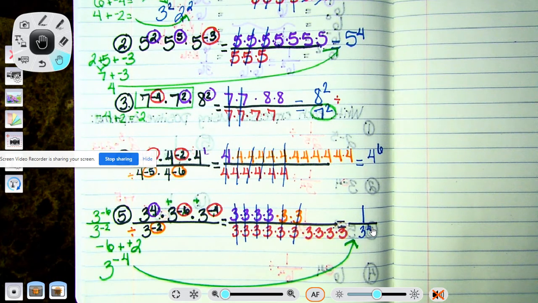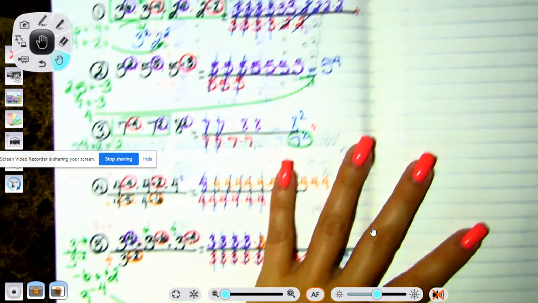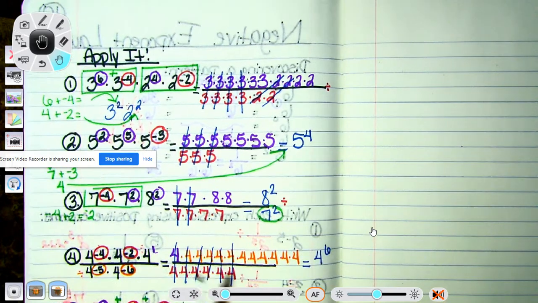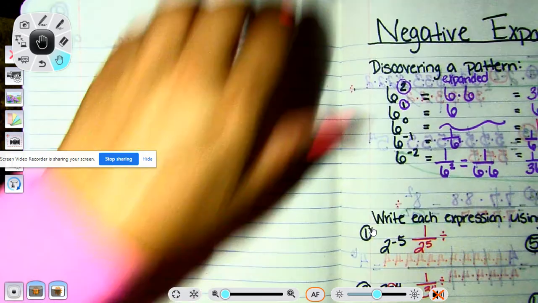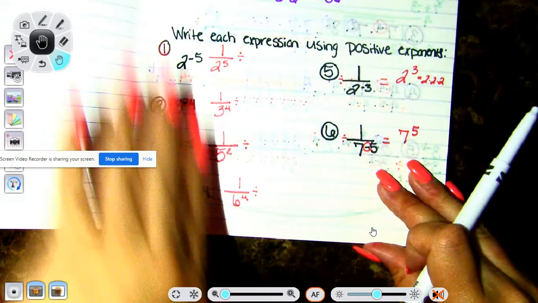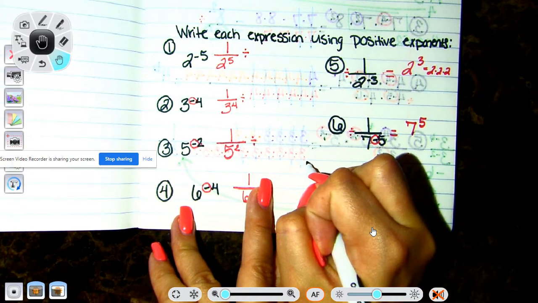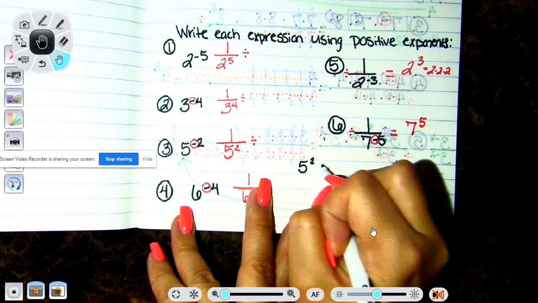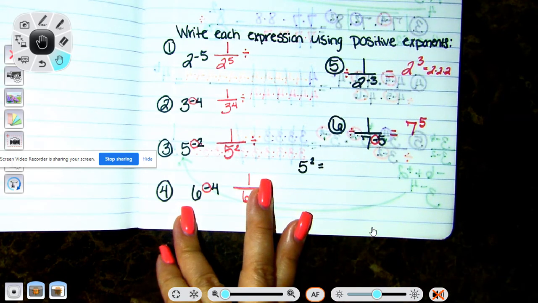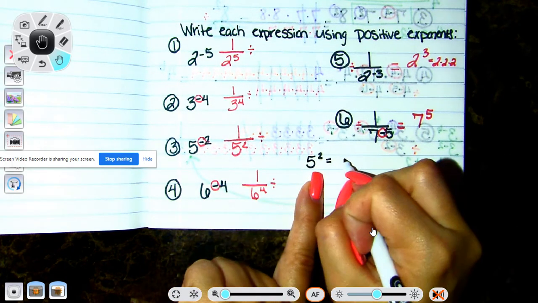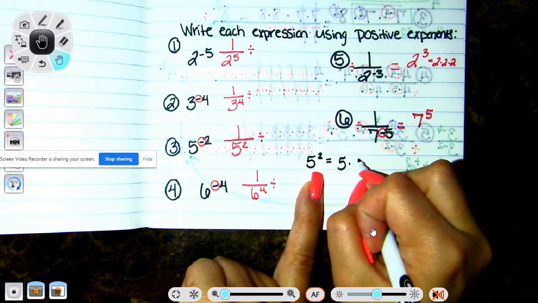So, for instance, one last recap. We'll go to the front where there's just a little bit of room by my number 6. Whenever I had, let's use the number 5 to the second power. There are no negatives in this case. So I'm just going to multiply by 5 2 times.